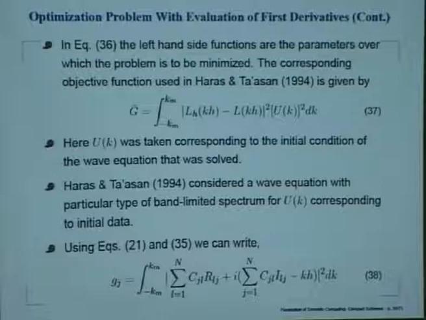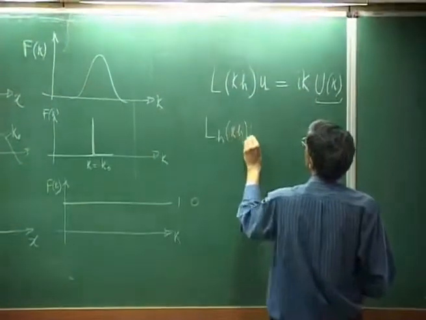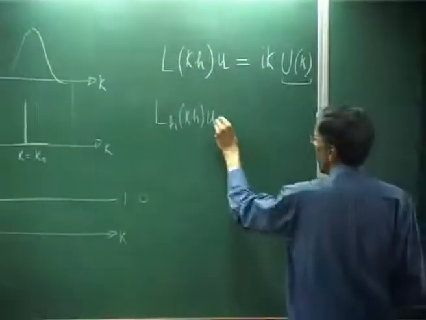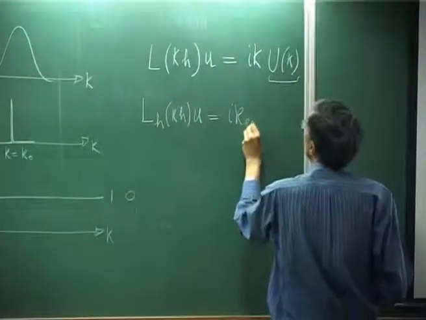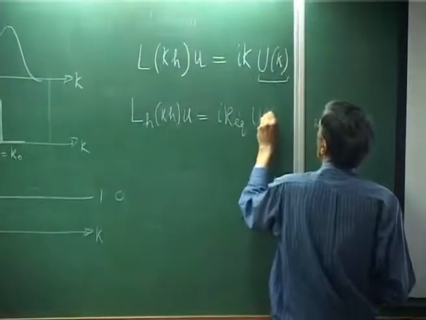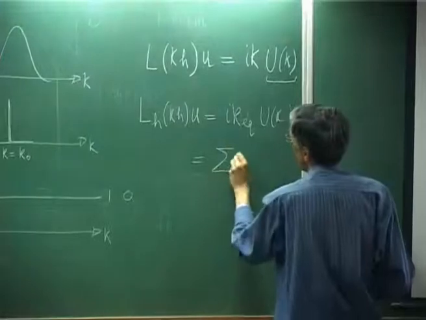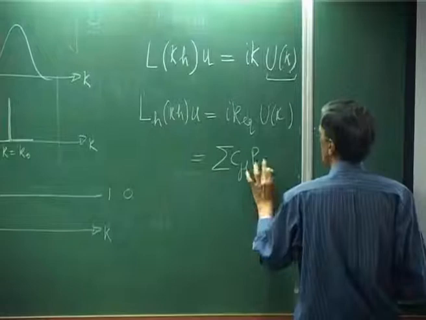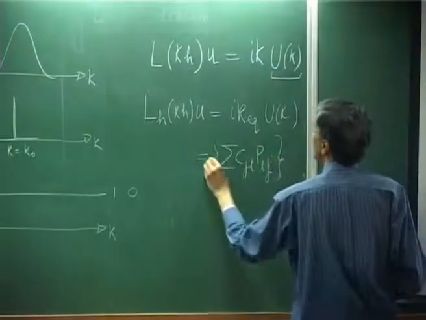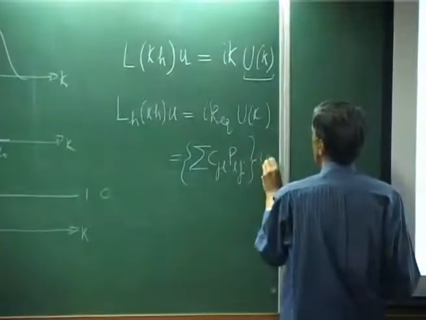Now, what about the discrete operation? If you recall, yesterday we wrote it as I k equivalent u, right? And that is your I k equivalent, and then you multiply it.